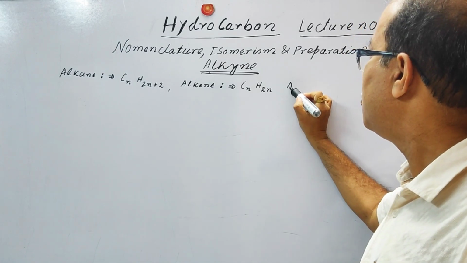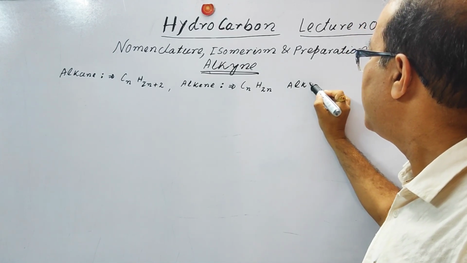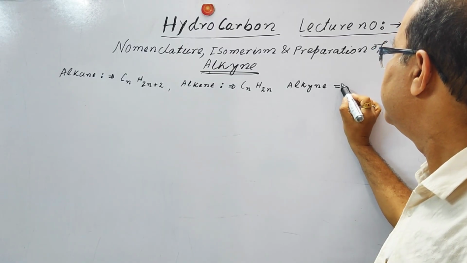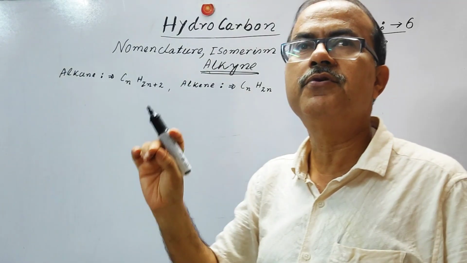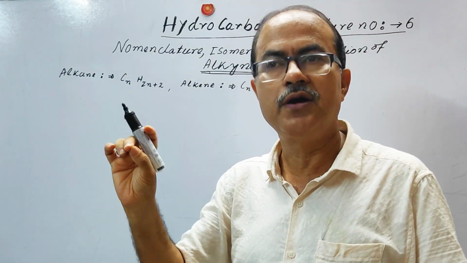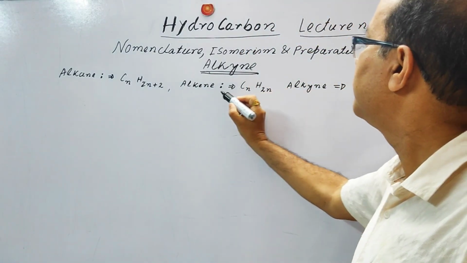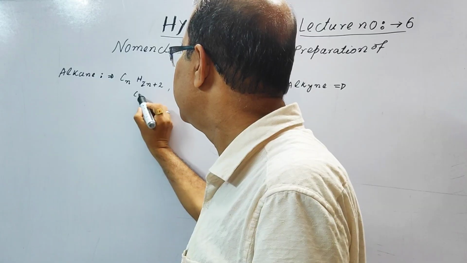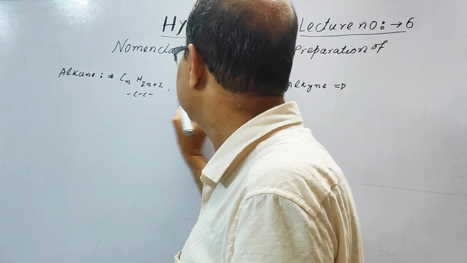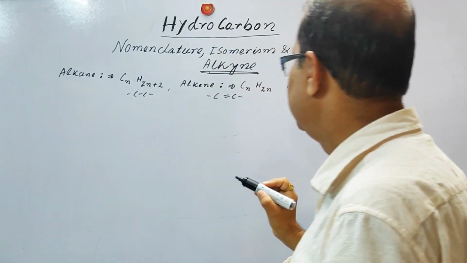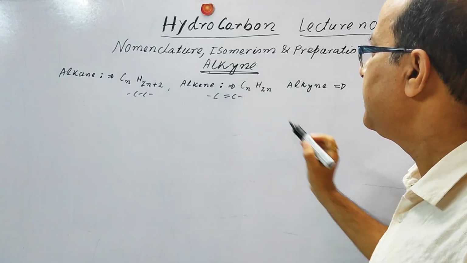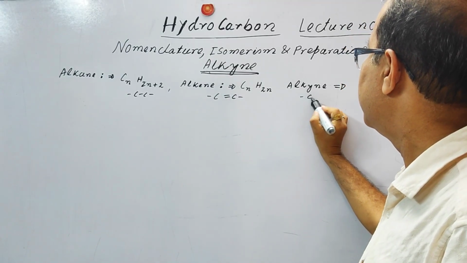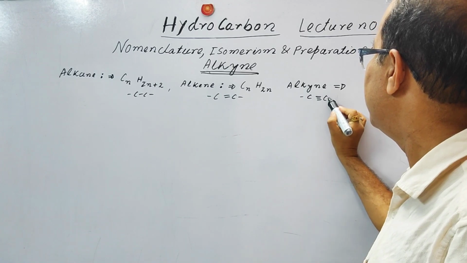And in case of alkyne, what will be its general formula? Here there is at least a carbon-carbon triple bond. You can write it as a carbon-carbon single bond in the alkane, a carbon-carbon double bond in the alkene, and in the alkyne, a carbon-carbon triple bond.